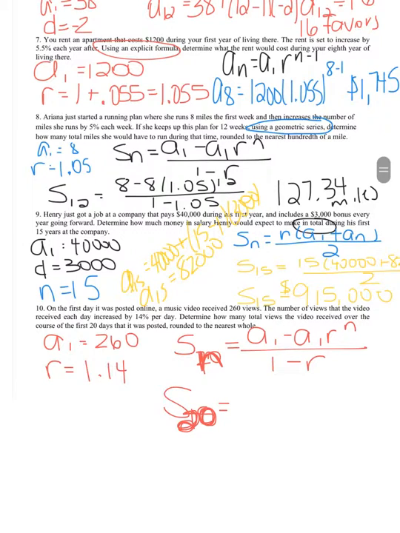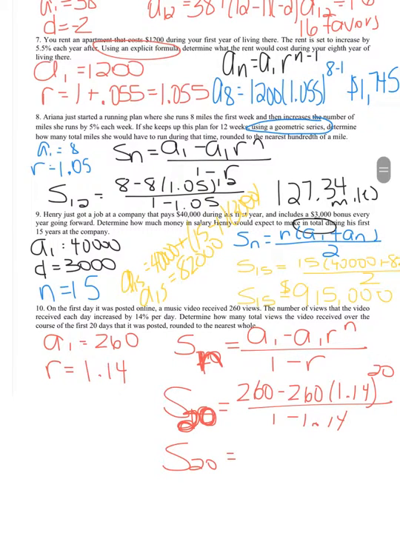A sub 1 is 260 minus 260 times R raised to the n is 20 divided by 1 minus R. And then this you can type right into your calculator. And we are rounding to the nearest whole. And that tells me that there's going to be 23,666 total views during those first 20 days.